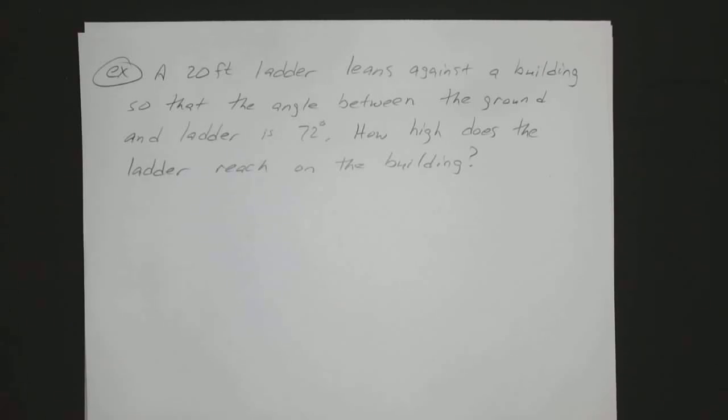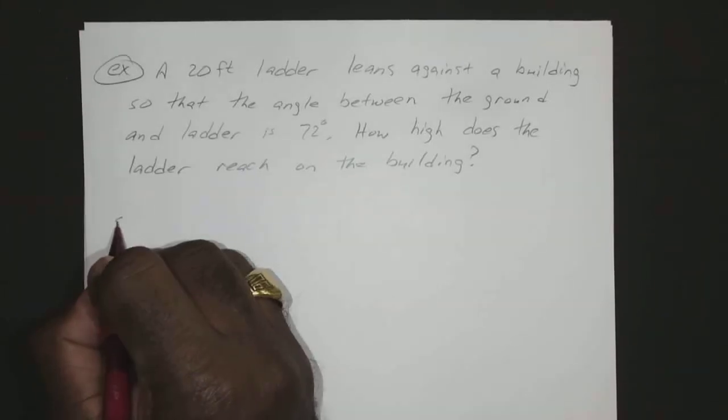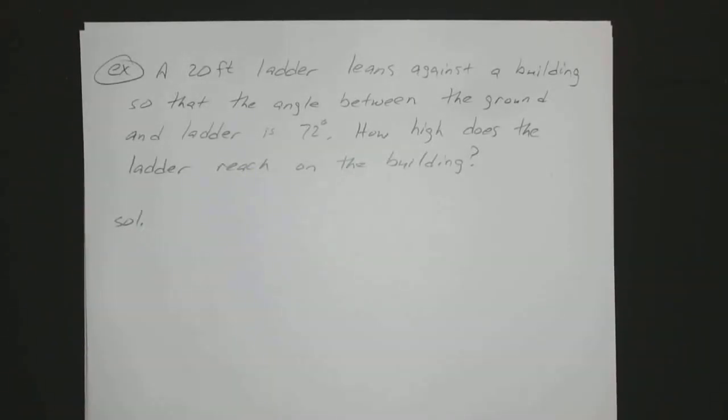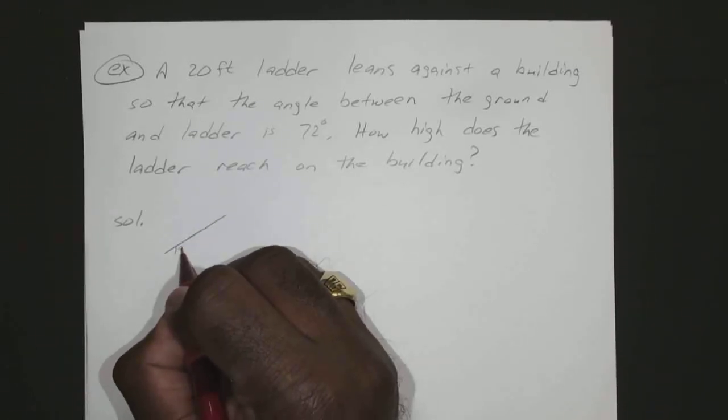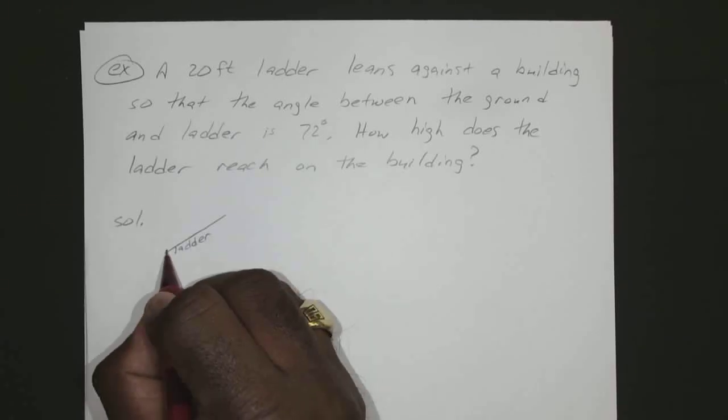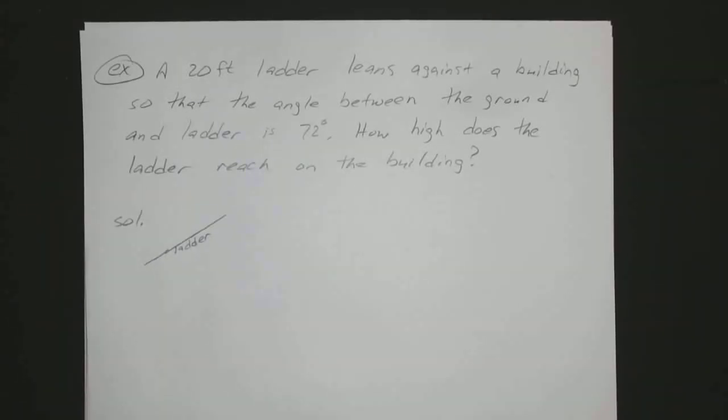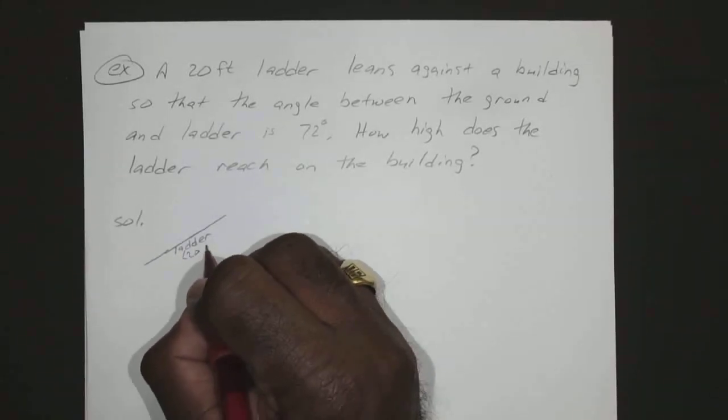Now, with story problems, I always tell people draw a little picture. It helps you so much to visualize it. So if we have a ladder, let's say this is our ladder, and we know it's 20 feet.